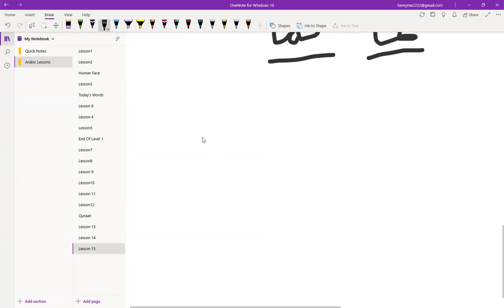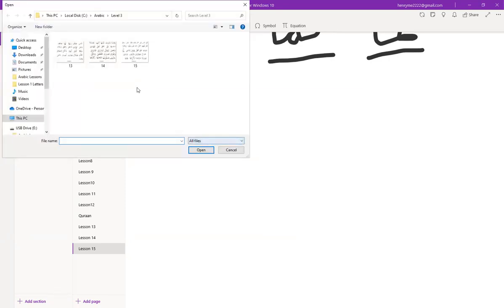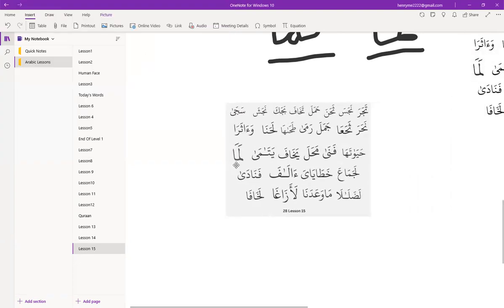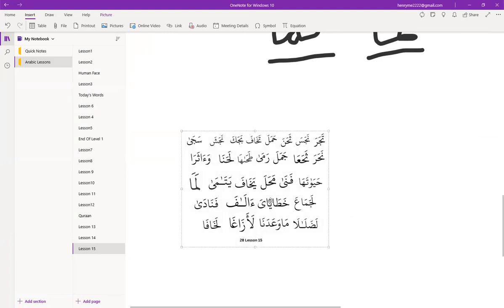Okay, so now let me introduce some of the examples, and inshallah, you will learn more. These words are mostly from the Quran, not all of them.